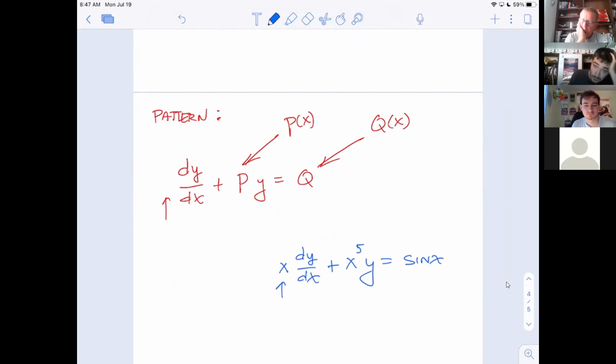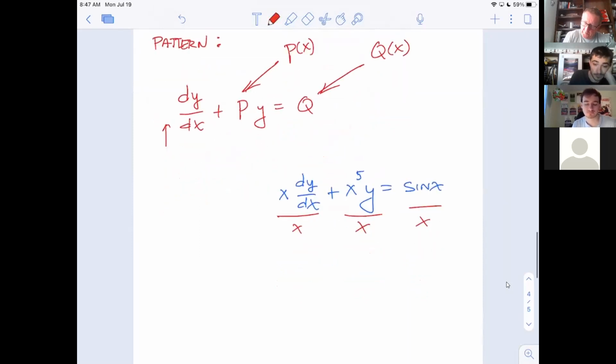Can't you just divide both sides by x to get rid of it? Just like I multiply both sides by e to the x, couldn't you divide by whatever that is? So now this becomes dy/dx plus, in this case, we got lucky, x to the fifth over x actually simplifies, so it's x to the fourth y equals, and notice over here, I don't get lucky. I just have to write it that way.